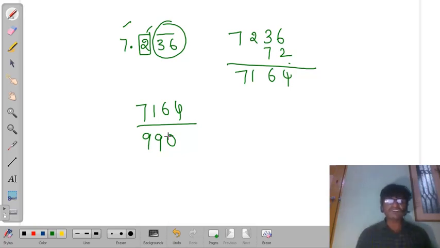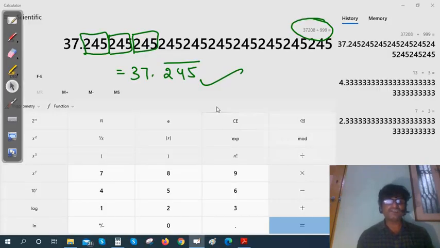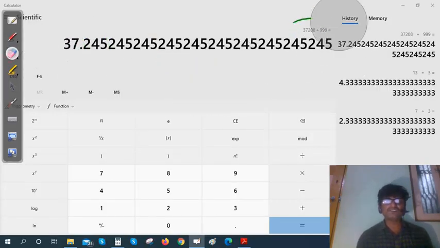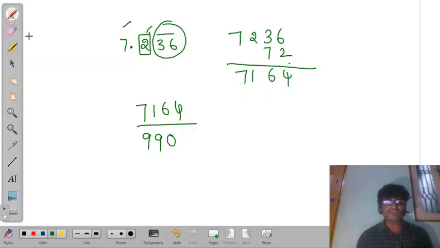That's it. This is the answer. I will give one more example. Before that, let us check whether this one is correct or not. 7,164 divided by 990. Let me erase all these things. How much is that? Wait, let me check.